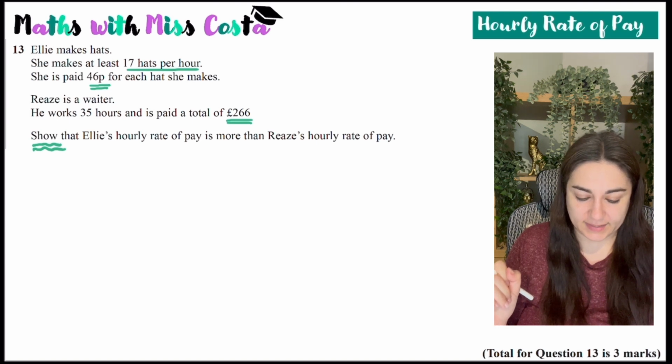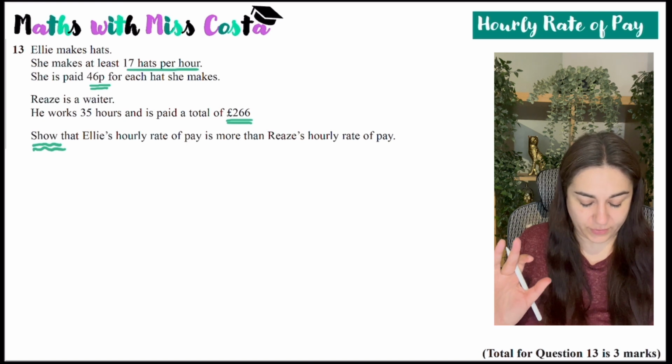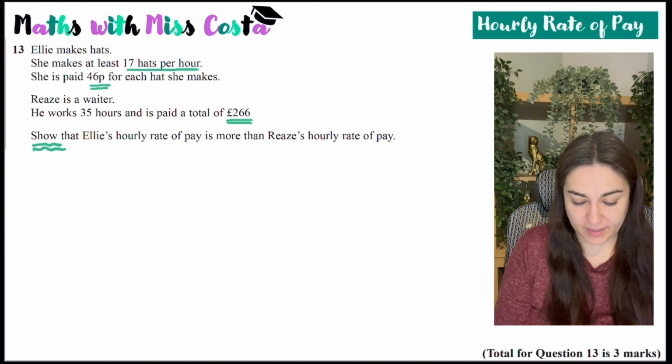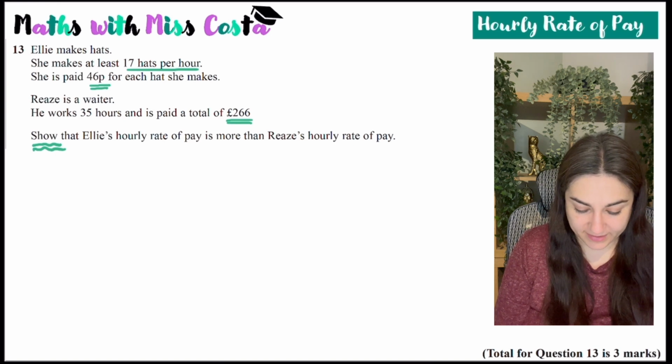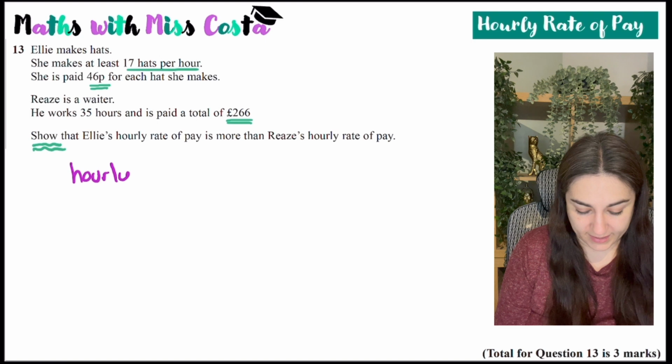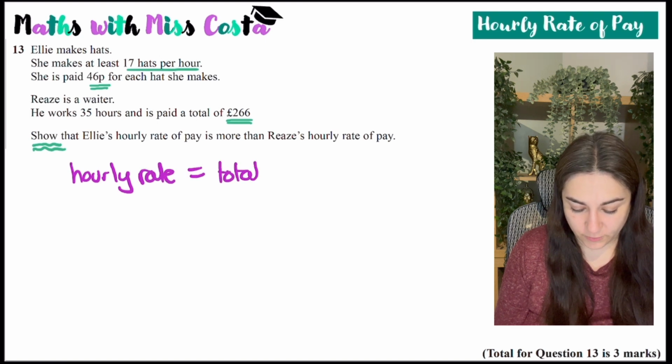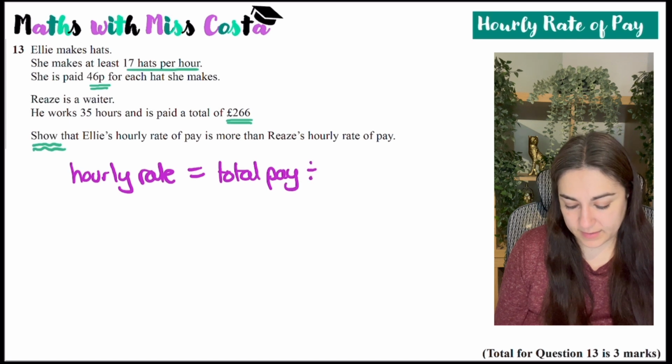So let's start with Riaz. His is simple because to work out the hourly rate of pay, you do the total pay divided by the number of hours worked.